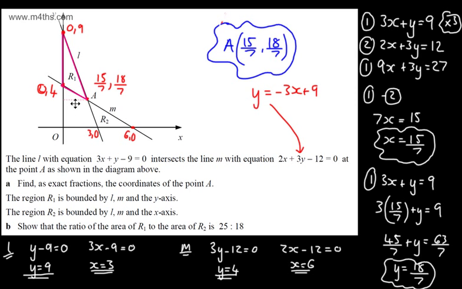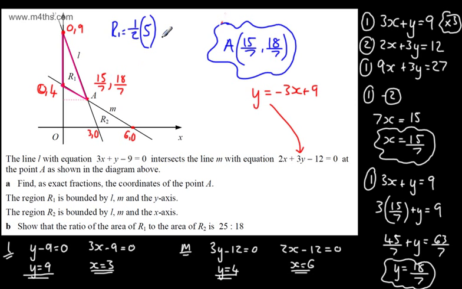So if I look, what I can say at this stage now is that R1, and we'll write this here, the area R1 is the area of a triangle, which is 1/2 the base. Well, the base right here is going to be equal to 9 minus 4, which is 5, multiplied by the perpendicular height.